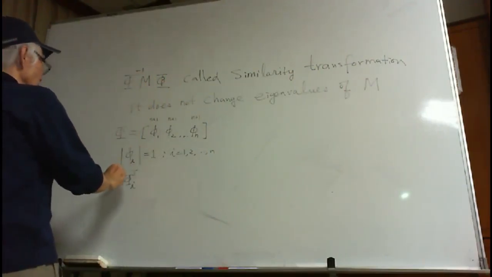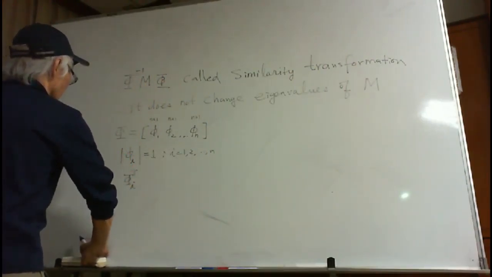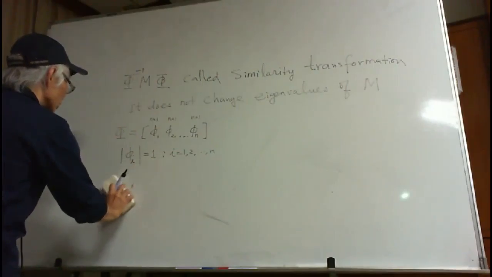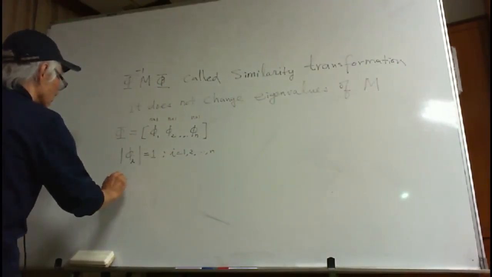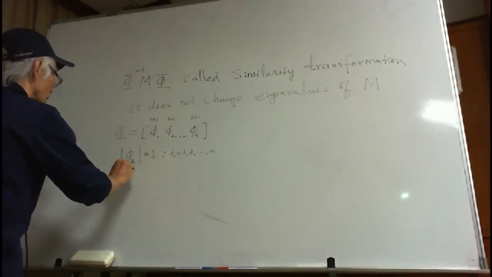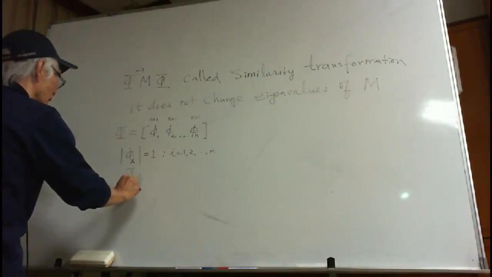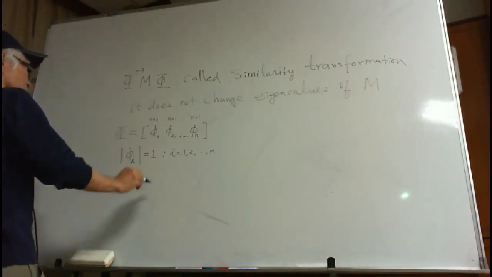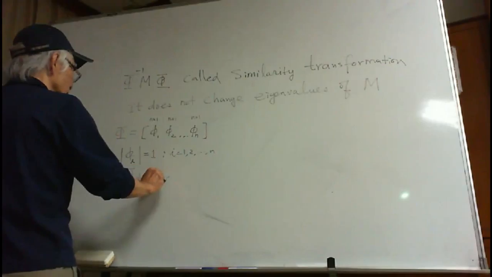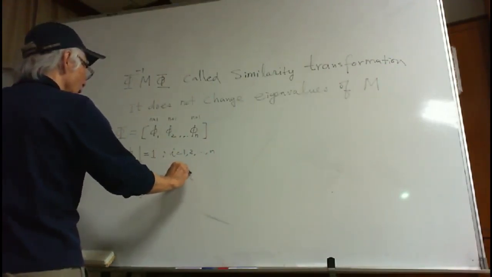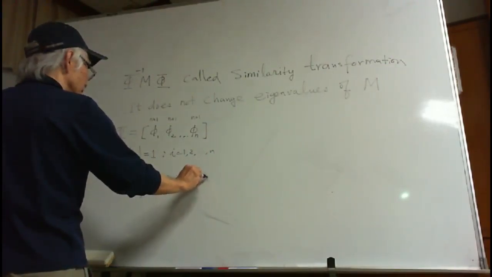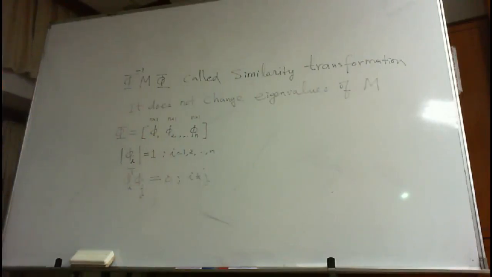All right. Phi i transpose times phi j equal to 0 for i not equal to j. That means they are orthogonal.